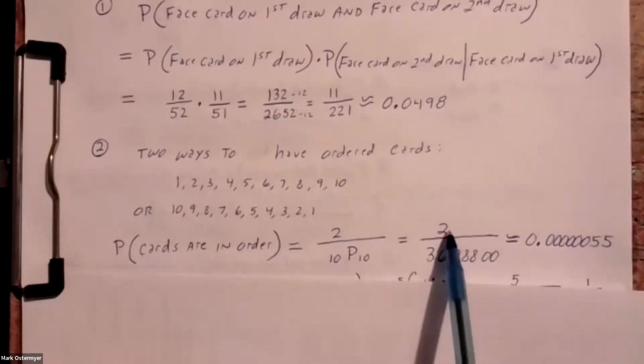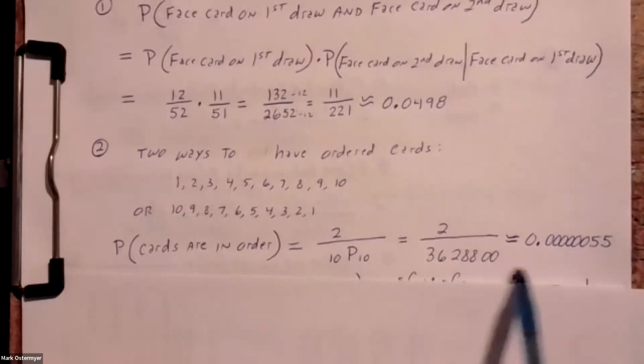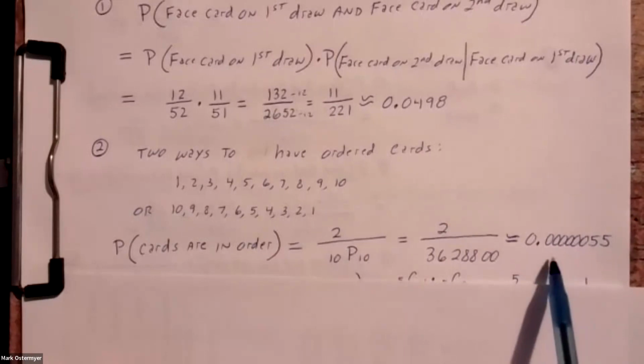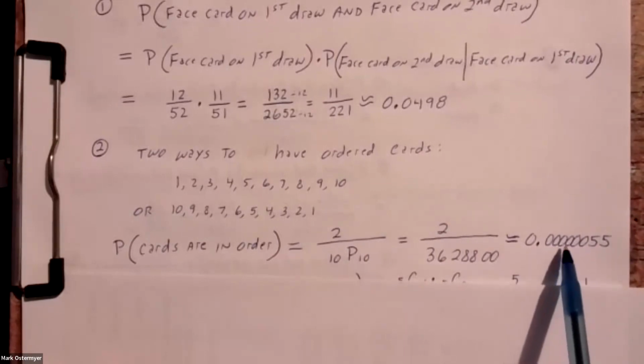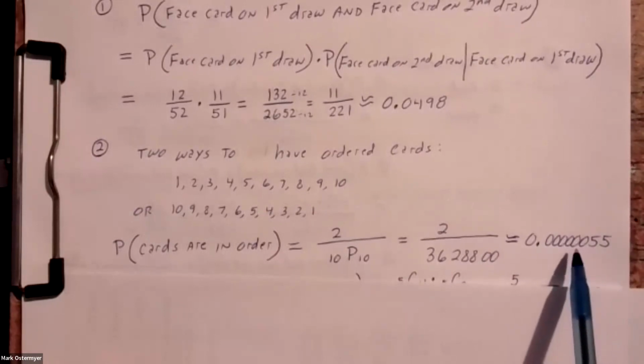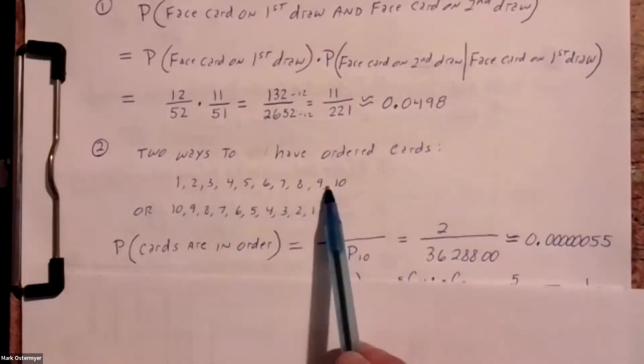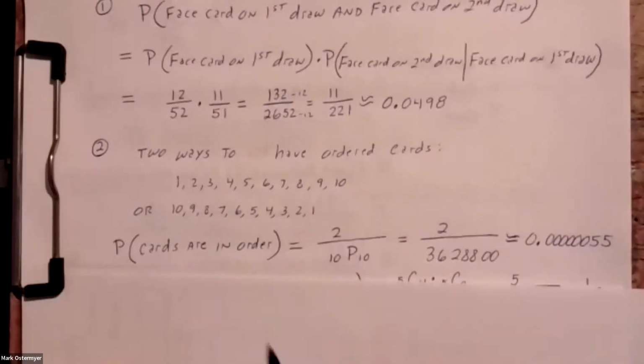And so this is going to be 2 divided by a huge number here, 3,628,800. And when you do the division, you get a decimal that's very small, 0.00000055 approximately. So that's the probability of dealing these 10 cards and them coming up in either this order or this order here.